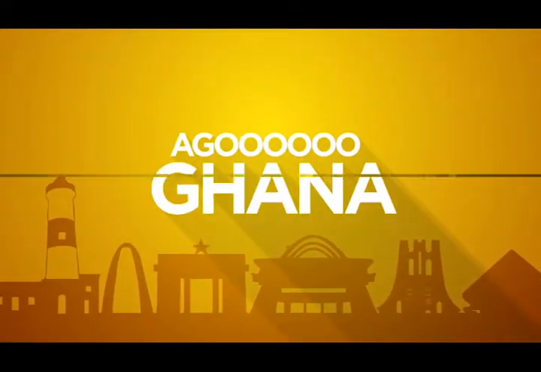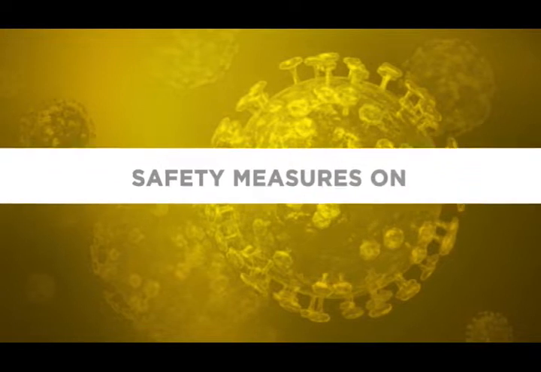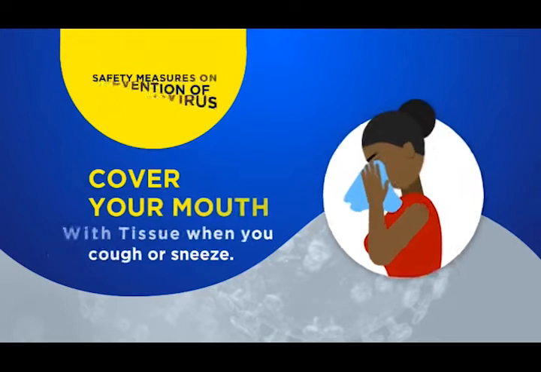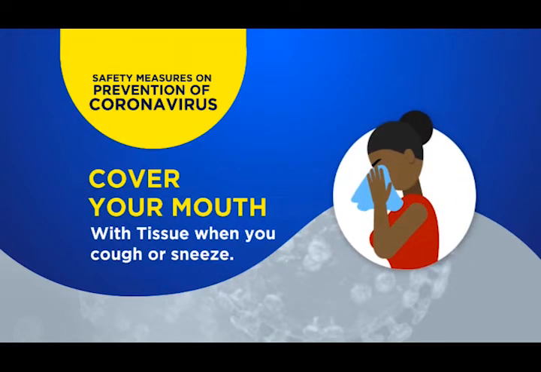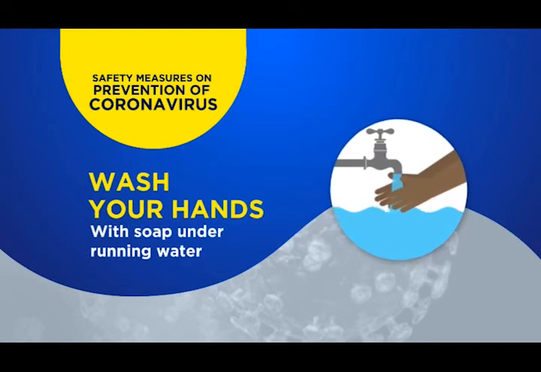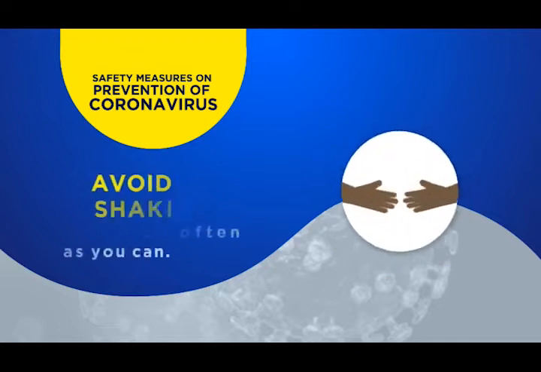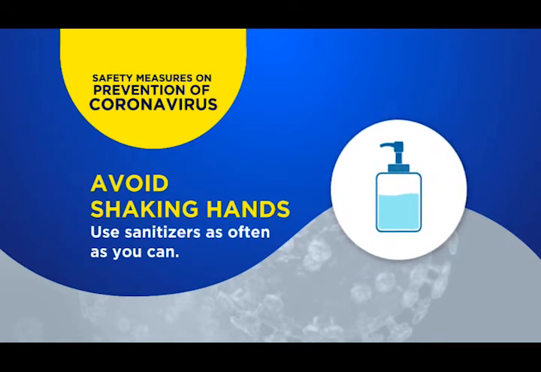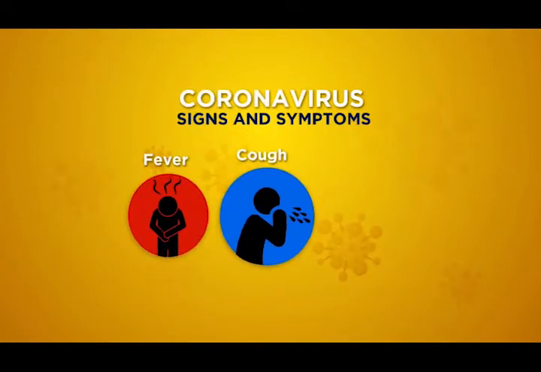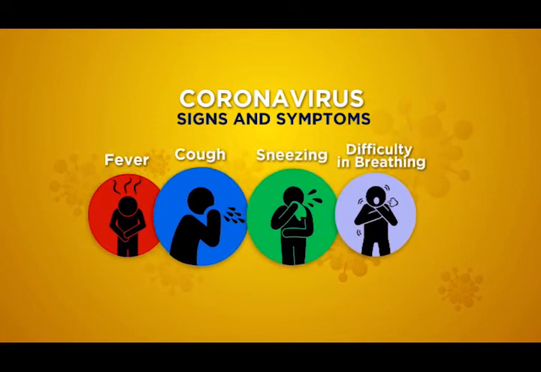Good people of Ghana, here are some safety measures on prevention of coronavirus. One: cover your mouth with tissue when you cough or sneeze. Dispose of the tissue into a bin immediately, and wash your hands with soap and running water. Avoid shaking hands and use sanitizers as often as you can. Signs and symptoms of coronavirus include fever, cough, sneezing, and difficulty in breathing.